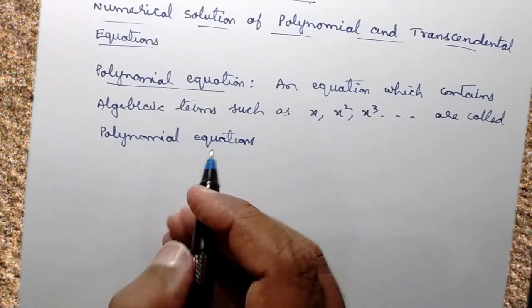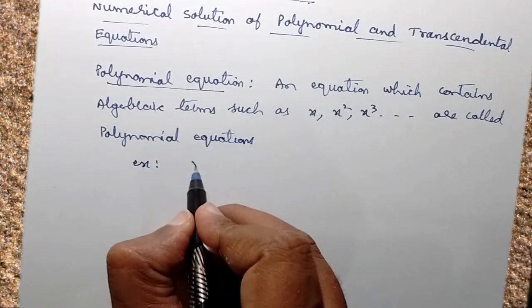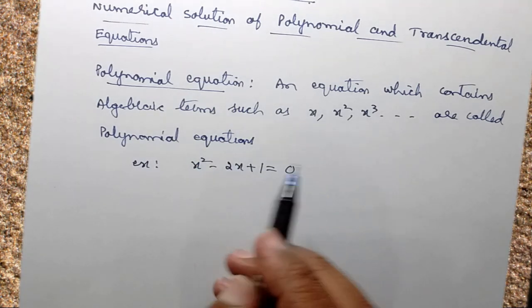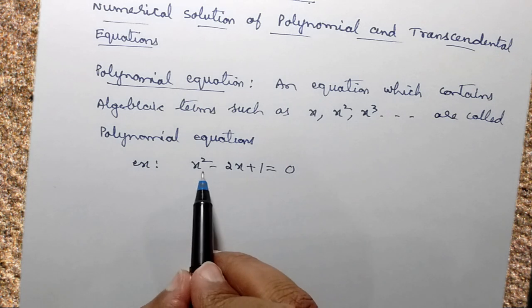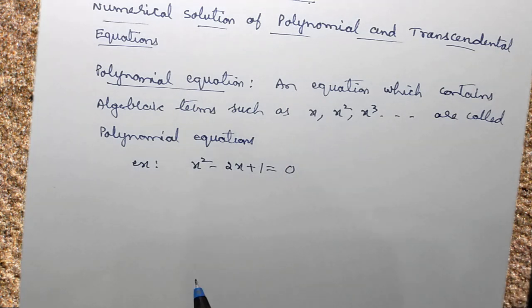For example, if you write an equation in the form of x square minus 2x plus 1 equals 0, this contains the algebraic terms x square and x. Therefore, it is called a polynomial equation.